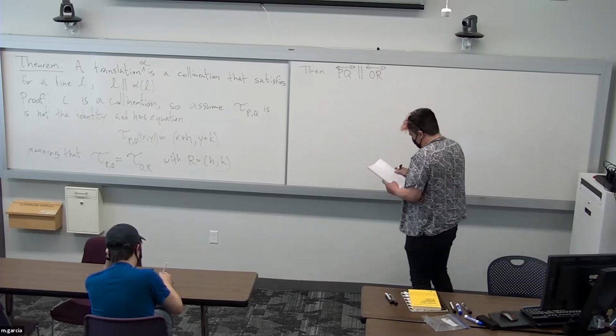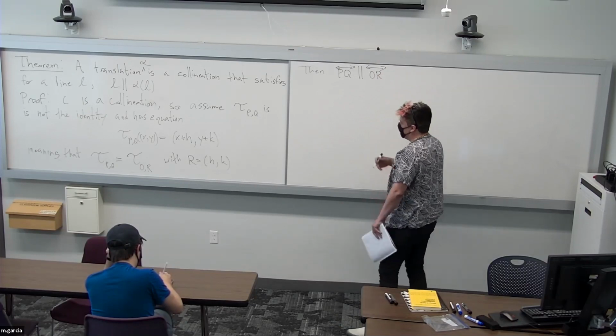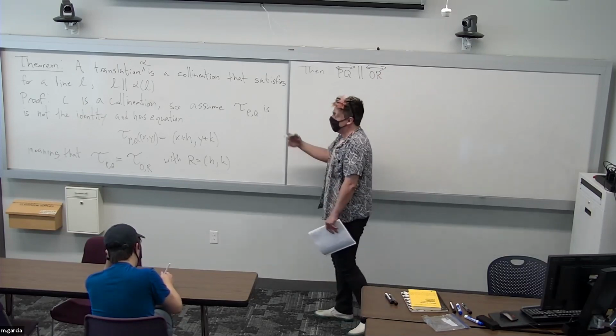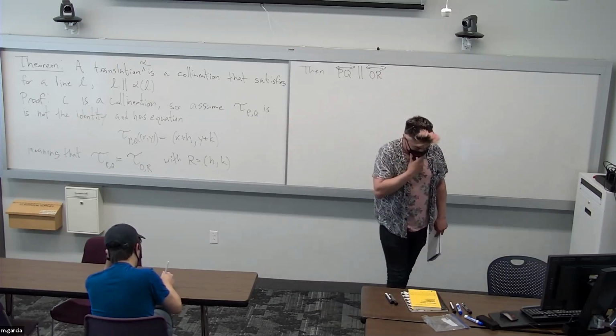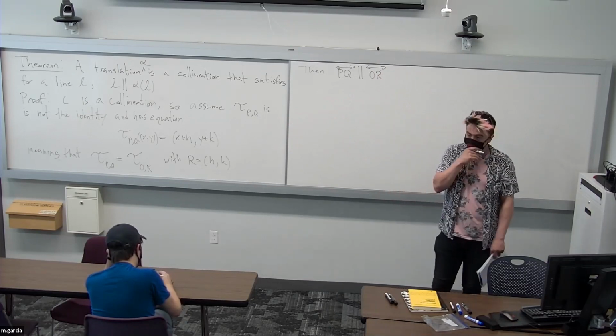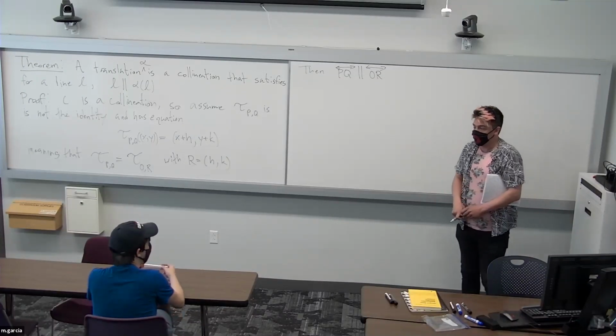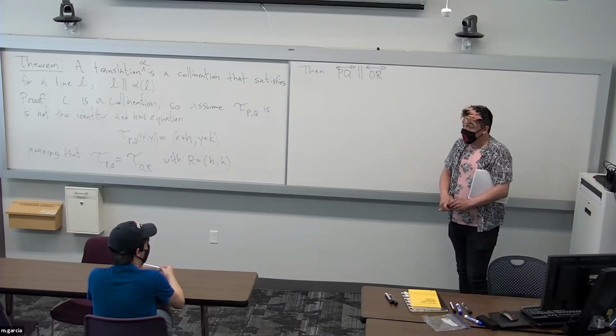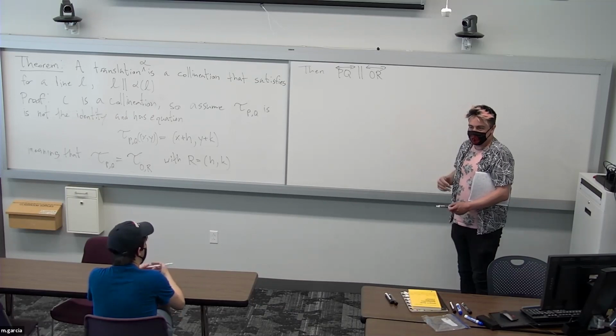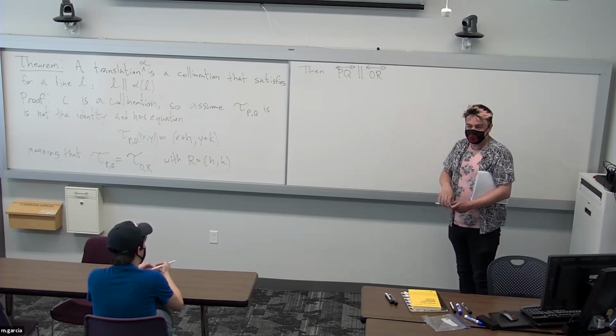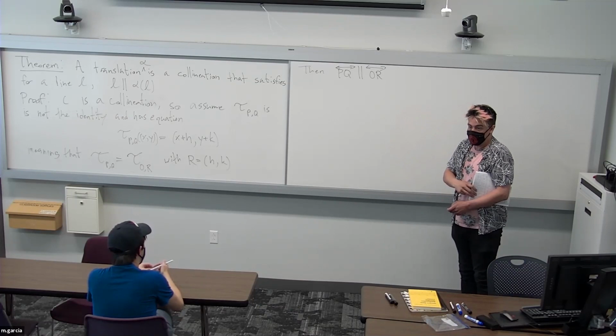Okay, so what do we need to do in order to check that tau is a collineation? What's our procedure for showing this? Find the image line. Yeah, we take an arbitrary line and try to write down the image of that line under tau.